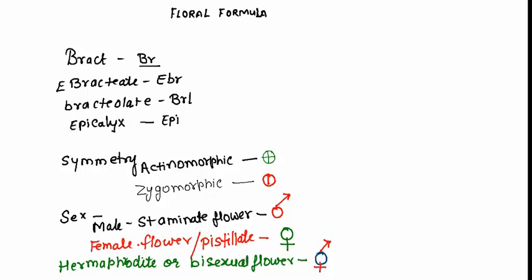To represent the calyx, the symbol used is capital K. If the calyx has 5 sepals, and all the sepals are free, then such a condition is also called polysepalous.